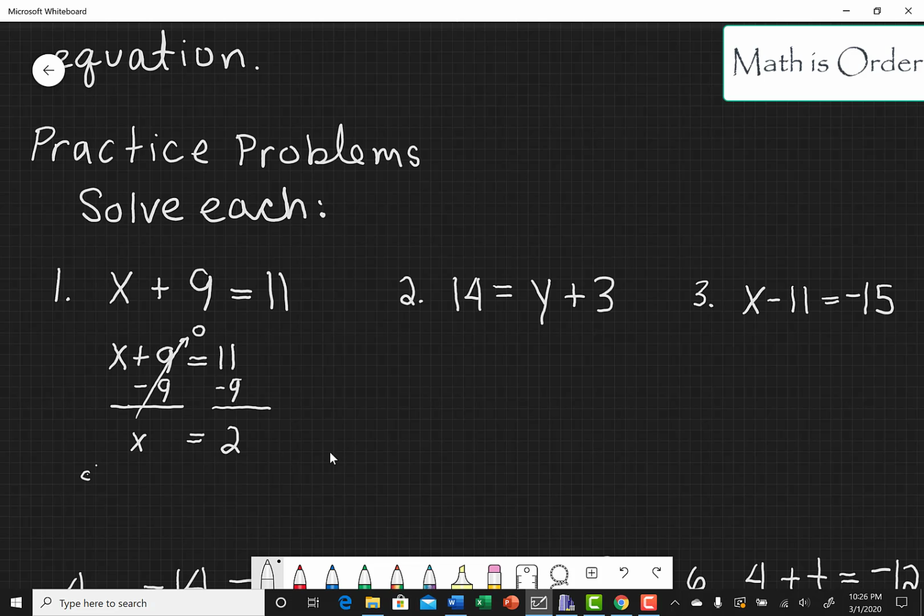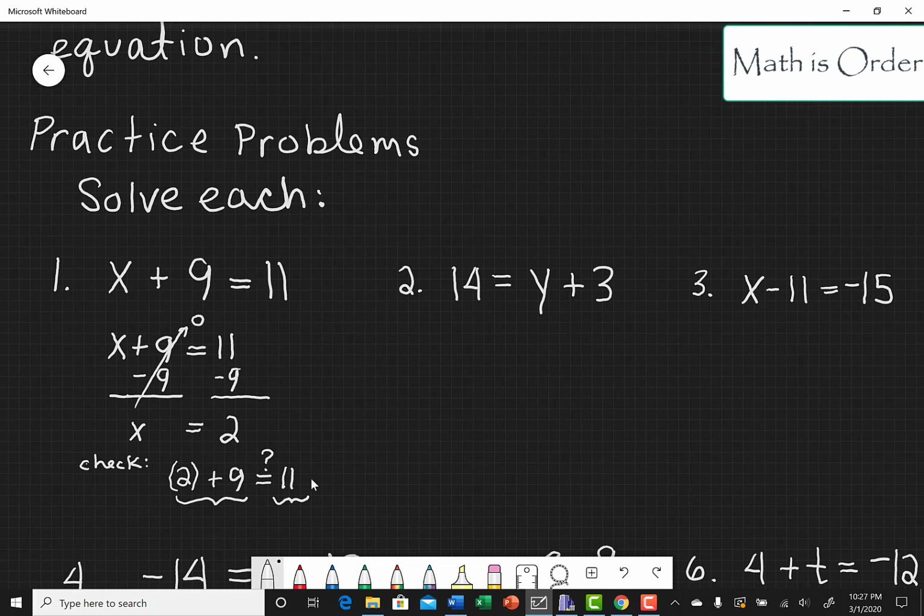So if I check, we want to know, if I put 2 in for x, will I get back 11? That is, is the left-hand side going to equal the right-hand side?